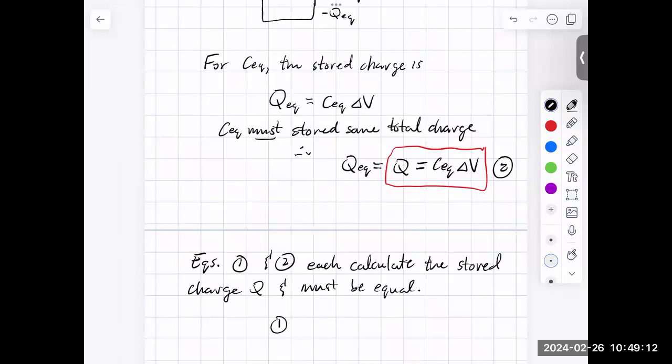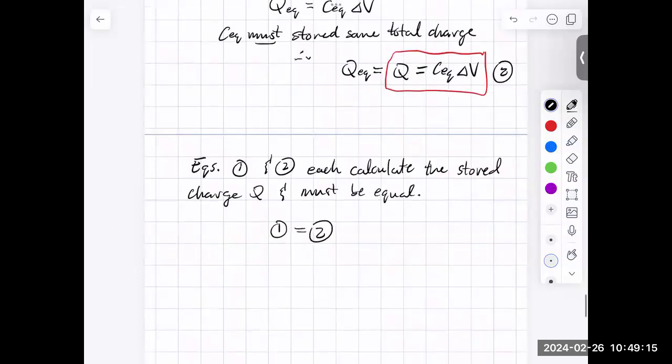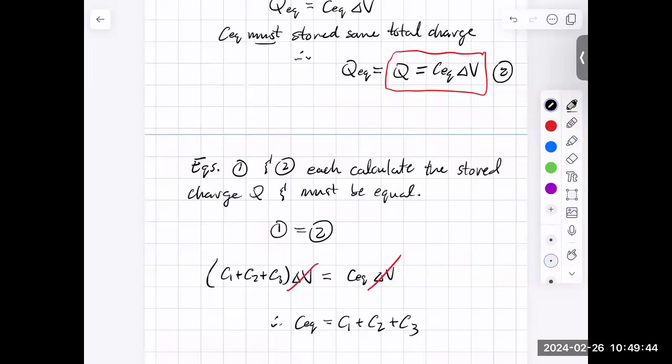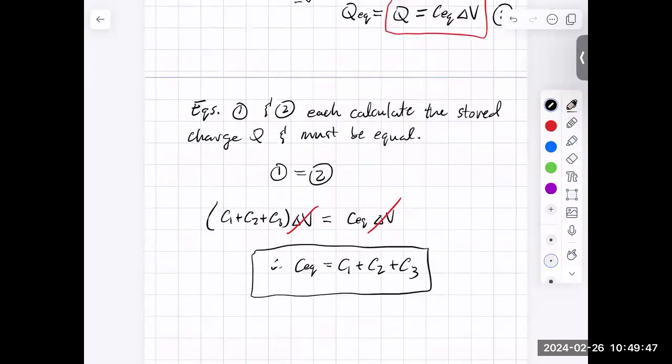So if we say 1 is equal to 2, what we get for equation 1 is C1 plus C2 plus C3 times delta V is equal to equation 2, C equivalent times delta V. We use the same battery in the two circuits, so we get the same voltage difference. That cancels. And so therefore, C equivalent is equal to C1 plus C2 plus C3. And that is our expression for parallel capacitors.